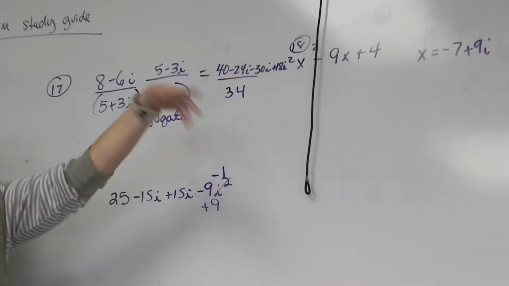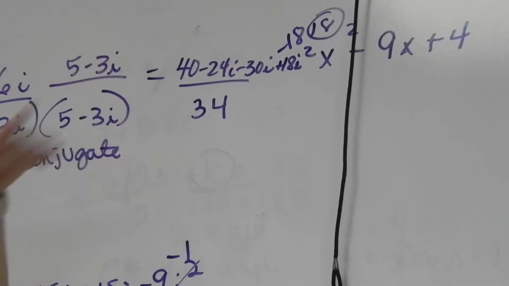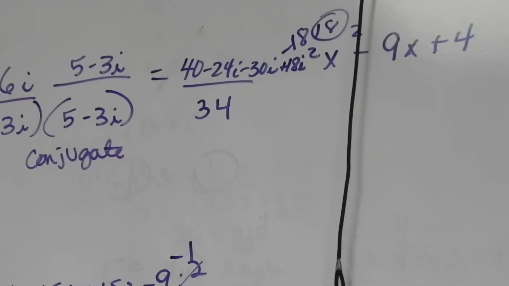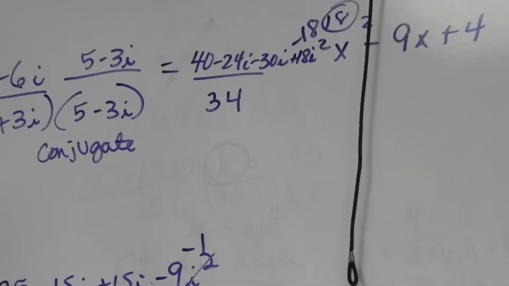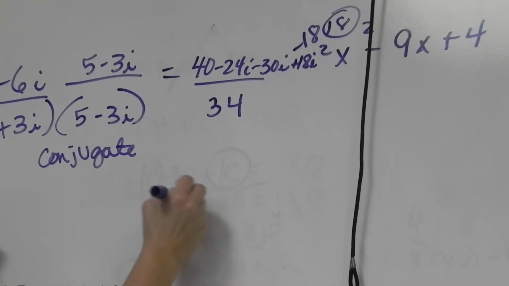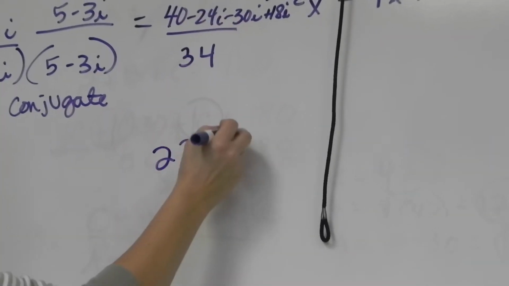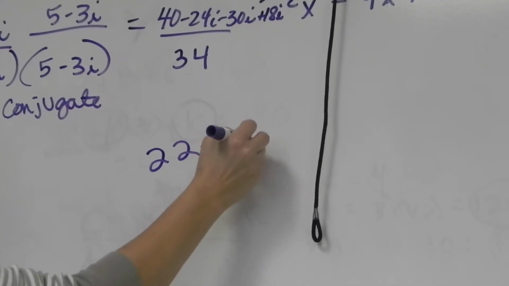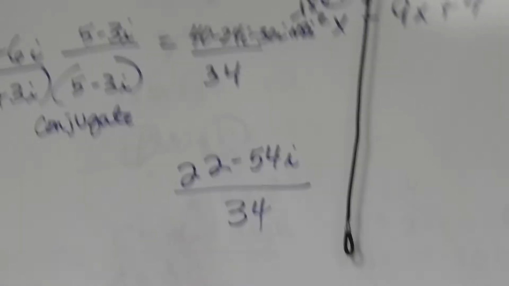But then the i squared will change it to negative. So ultimately, negative 6i times negative 3i is negative 18. So you have a 40 and a minus 18, which is 22. Negative 24i and negative 30i is negative 54i over the 34 in the denominator.